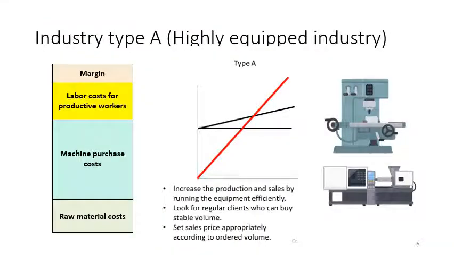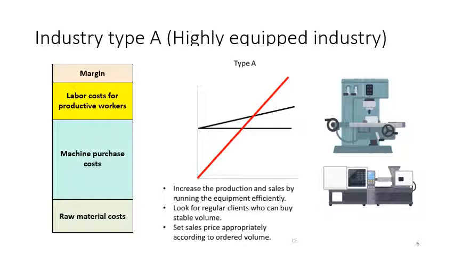Let's think of the company which is highly equipped, as machine purchase cost represents the biggest portion of the production cost. Improving the efficiency of using machines is an important measure to increase the profits in this type of industry. If the company increases the production volume by using more of the equipment, the production cost can be decreased drastically.